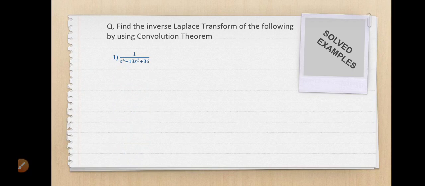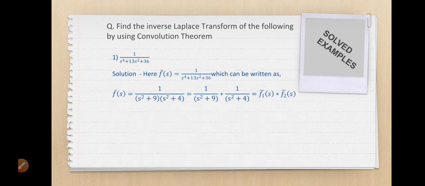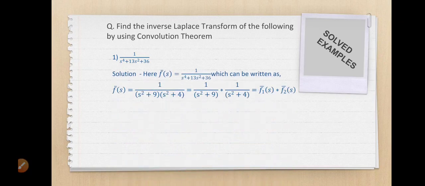Now here the constant term is 36 and the coefficient of the middle term is 13. So we can have the factors of 36 as 9 and 4 so as to get their sum as 13. It gives us the splitting of f bar of s as 1 upon s square plus 9 into 1 upon s square plus 4 as f1 bar of s and f2 bar of s.